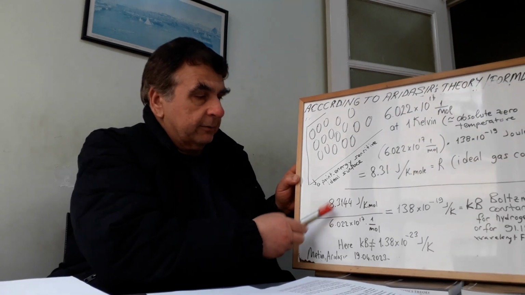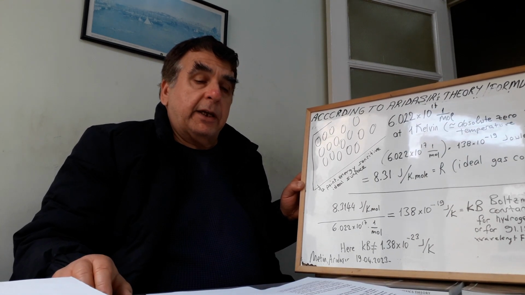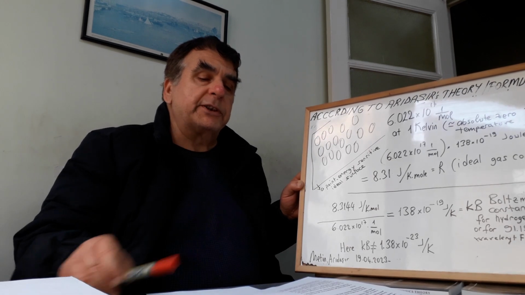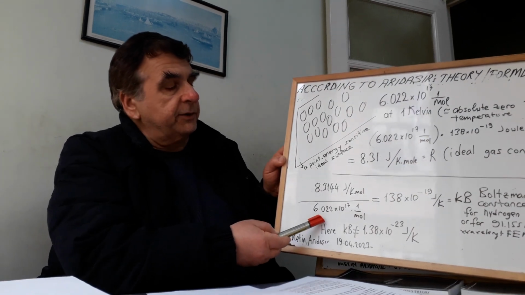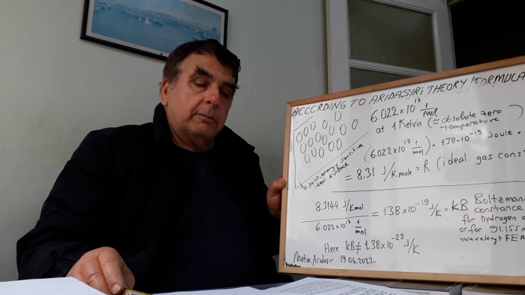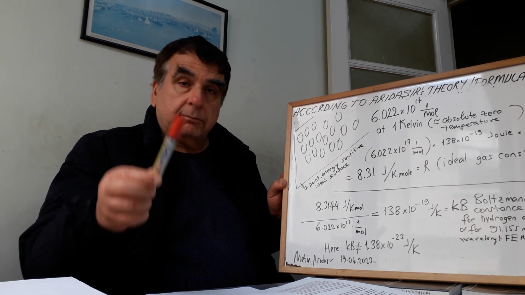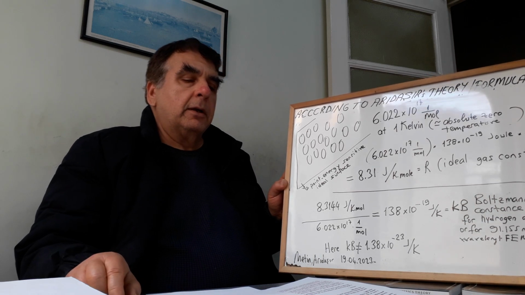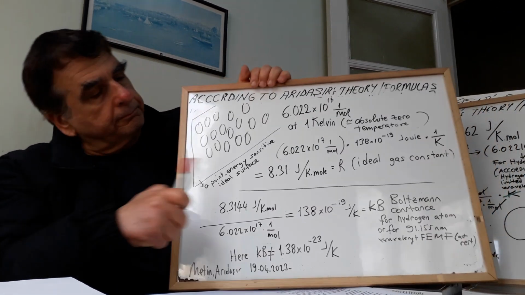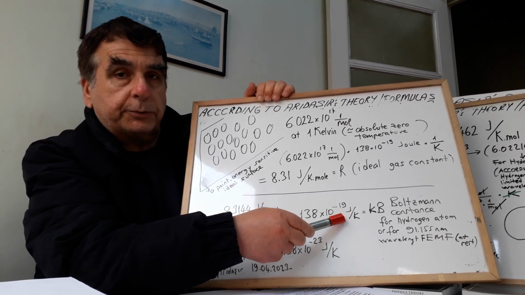Now, if you divide 8.3144 joules per Kelvin mole by 6.022 10 to the 17 per mole, again the result will be the Boltzmann constant, here 138 10 to the minus 19 joules per Kelvin.